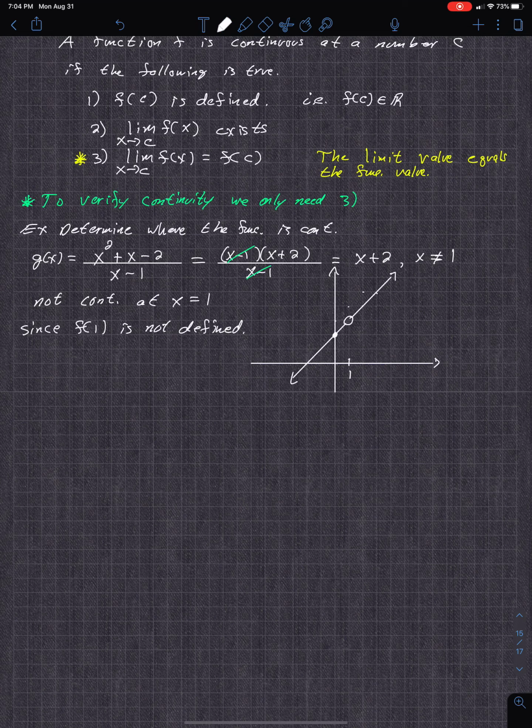So here's 1. Here's x equals 1. And so there's a hole at 1, and then that actual value would be 3. 1, 2, 3. So G, I wrote F there. I meant to write G. G of 1 is undefined.